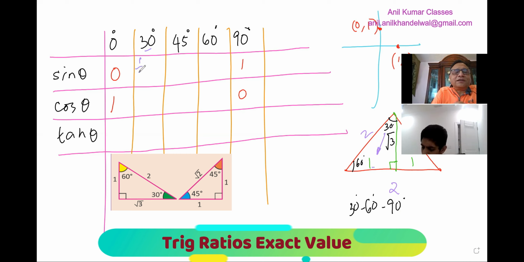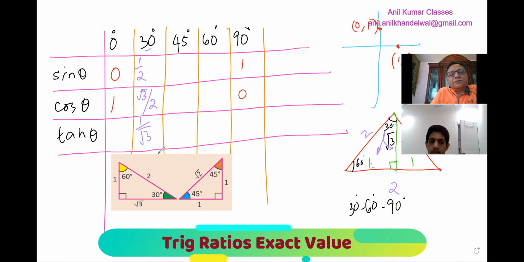So it is half, correct? What is the value of cos 30? Tell me. So radical 3 over 2, correct. And tan theta, opposite over adjacent, so 1 over square root 3.